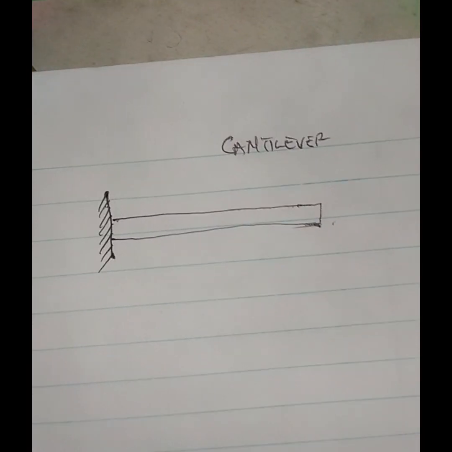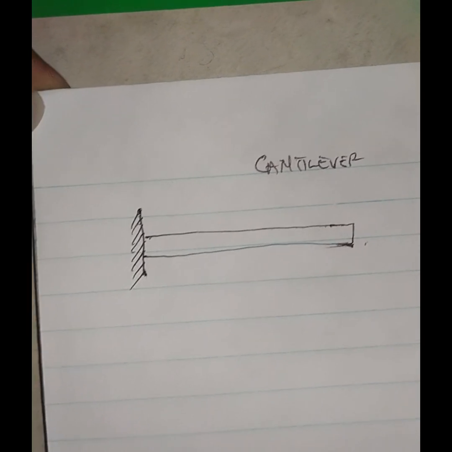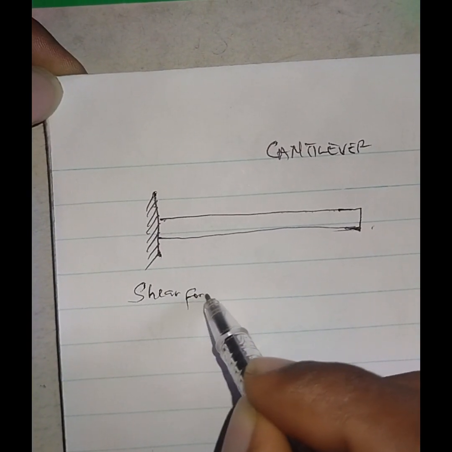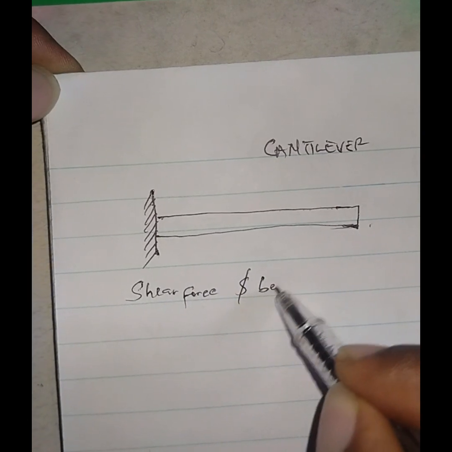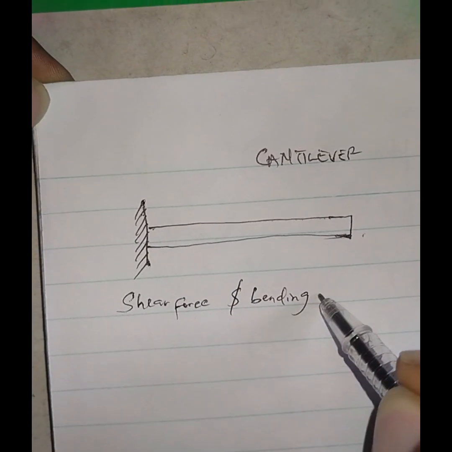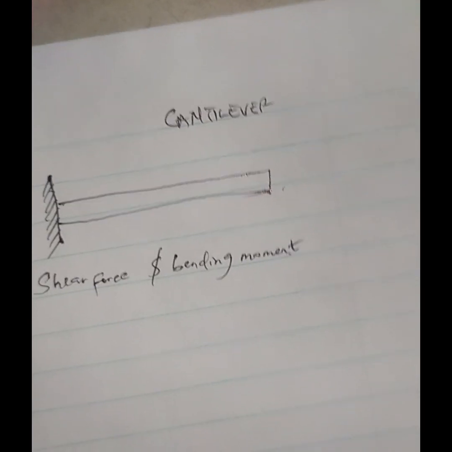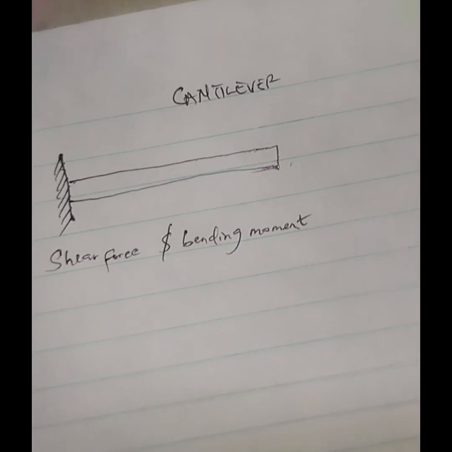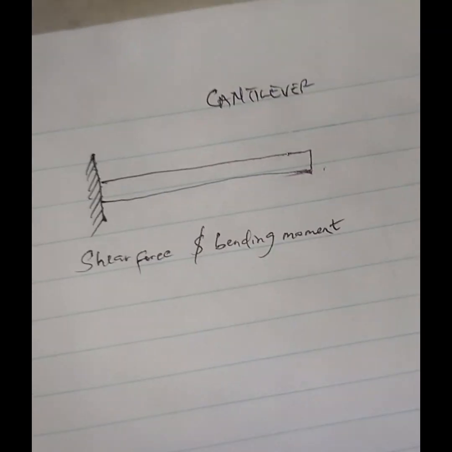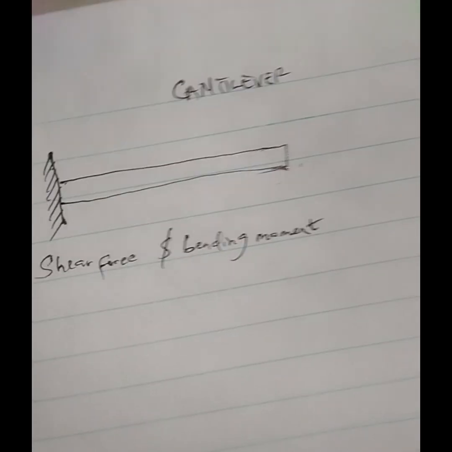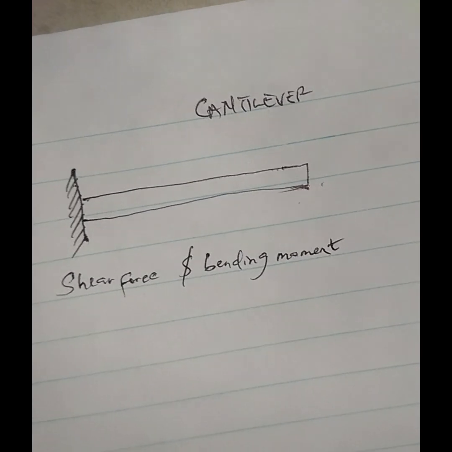Now in the calculation of a cantilever, to find the shear force and bending moment, we start from the free end. All cantilevers, if you want to calculate them, you start from the free end.